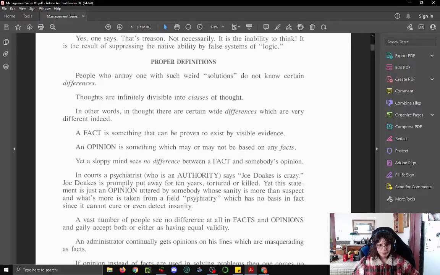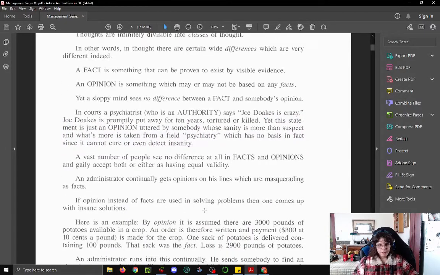And what's more, it is taken from a field, psychiatry, which has no basis in fact since it cannot cure or even detect insanity. This last sentence is just completely wrong and just throws psychiatry out the window as an authority of any kind. A vast number of people see no difference at all in facts and opinions and gaily accept either as having equal validity. You gave one example, a shitty example, and now assume that that's a vast number of people.